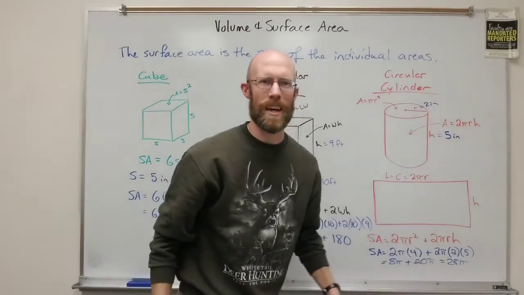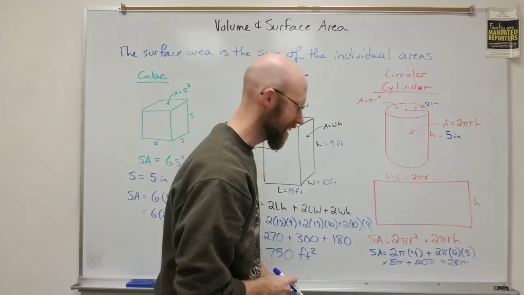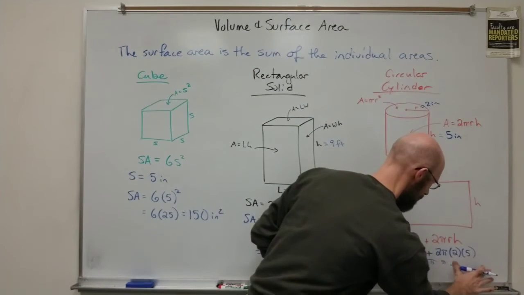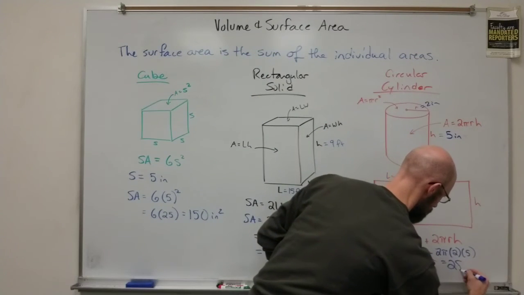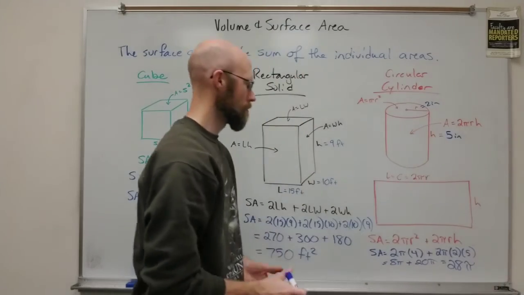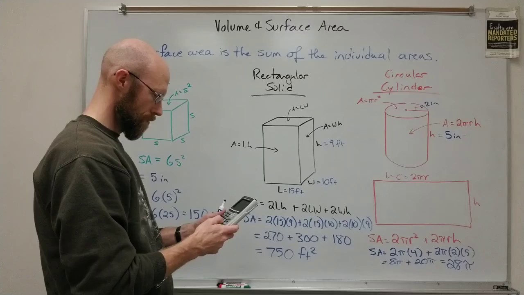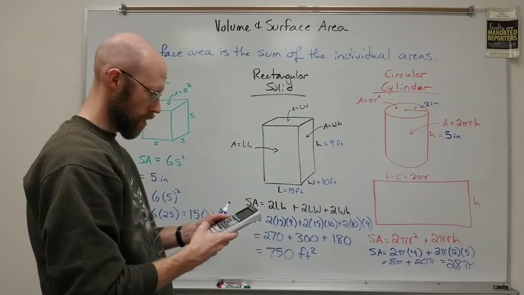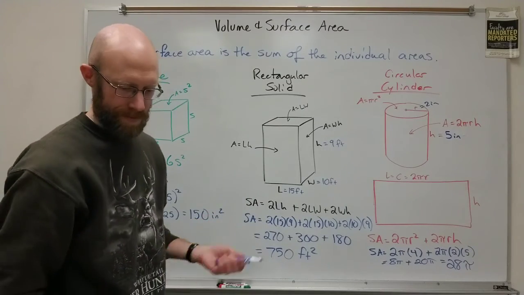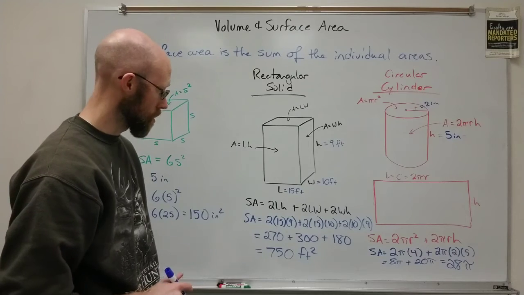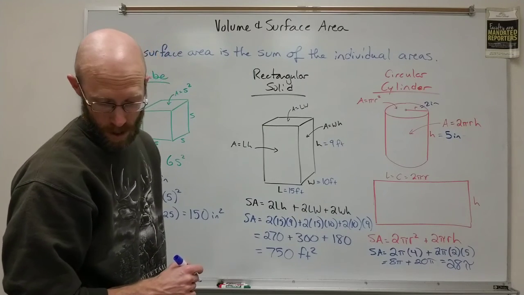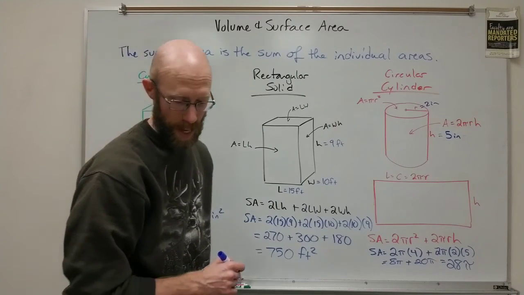28 pi anyway. Hopefully you can see that. Now 28 pi, if I punch that in my calculator to get a decimal approximation, rounded to the nearest square inch, we're going to get 88 square inches.